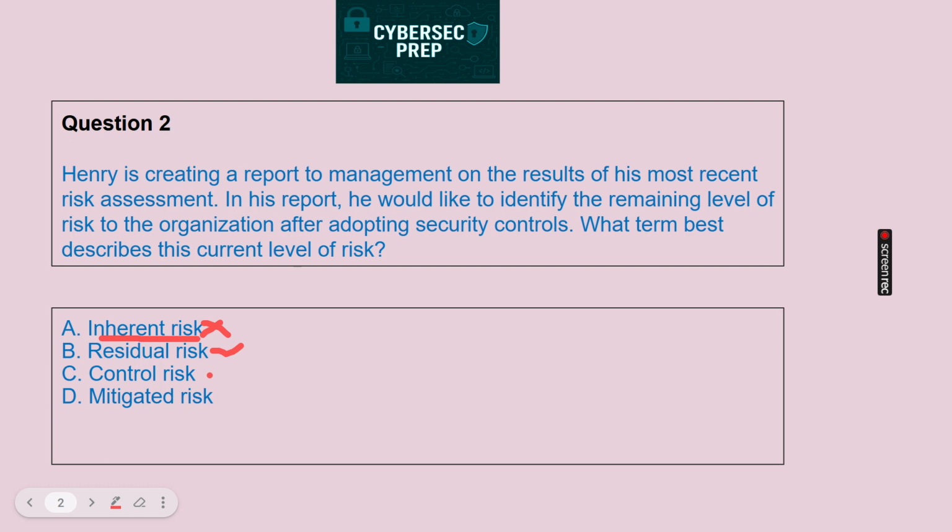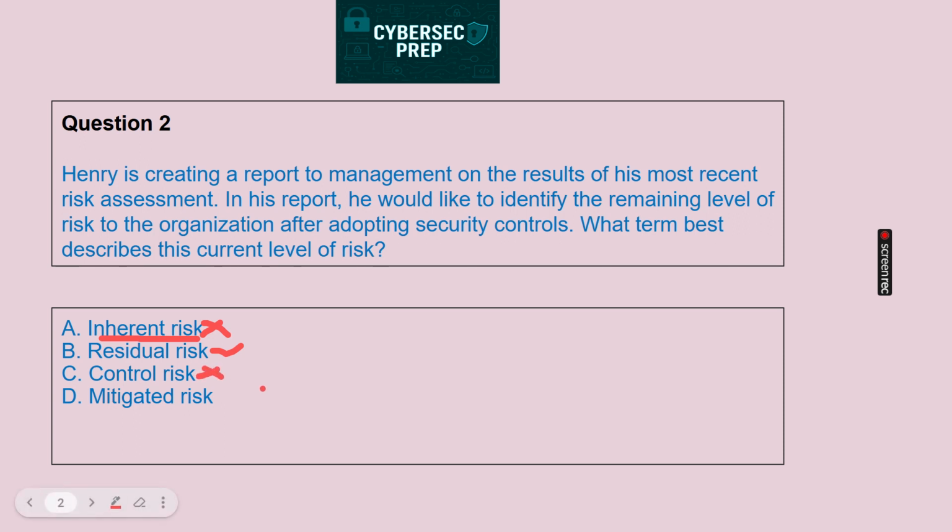So what is control risk? Control risk is a new risk, basically, which is introduced by the addition of controls to the environment. But again, this is not the risk which remains after applying the controls. So this is also not the correct option.